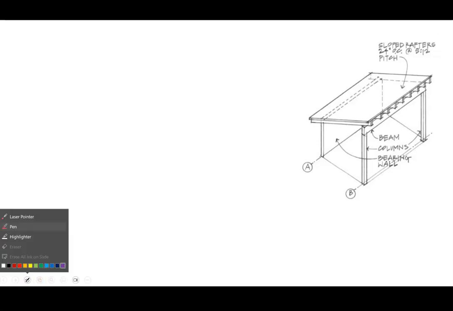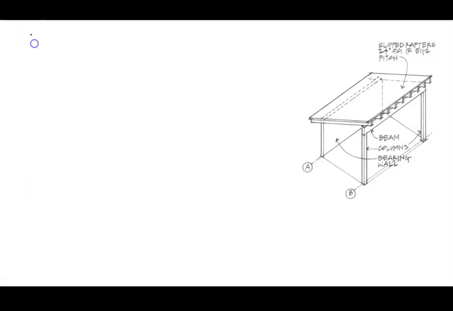In example number 4, we looked at a sloped roof.